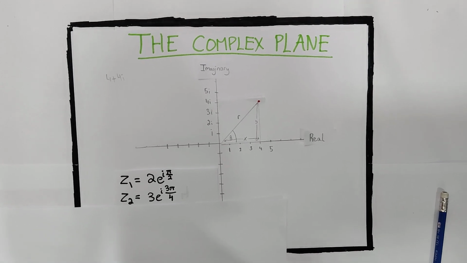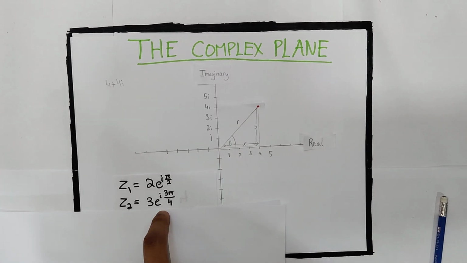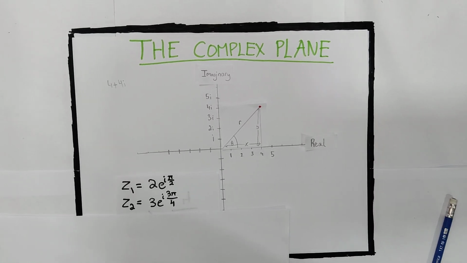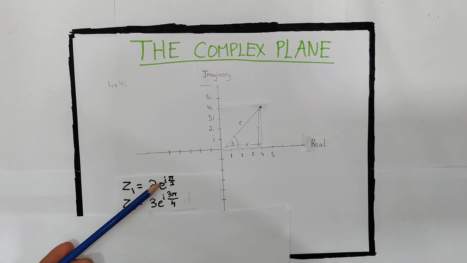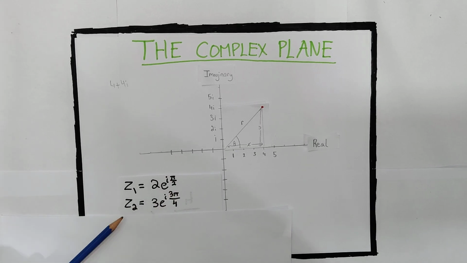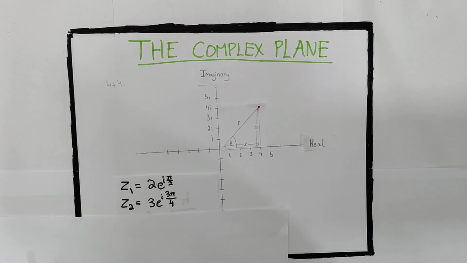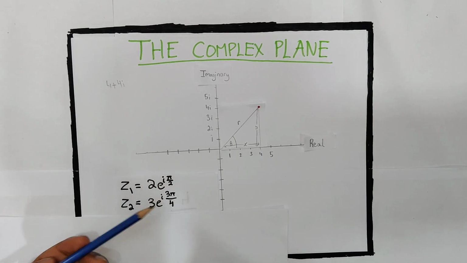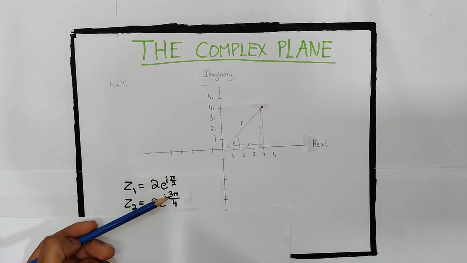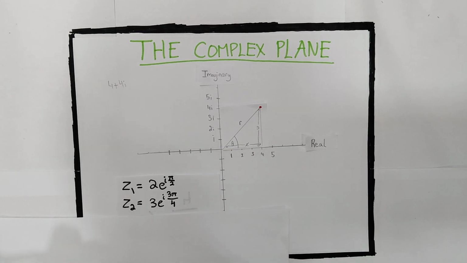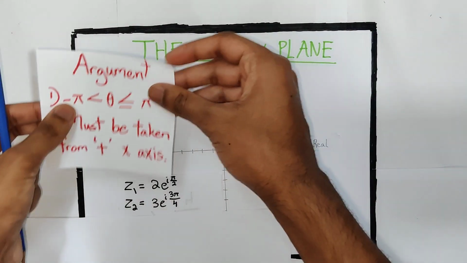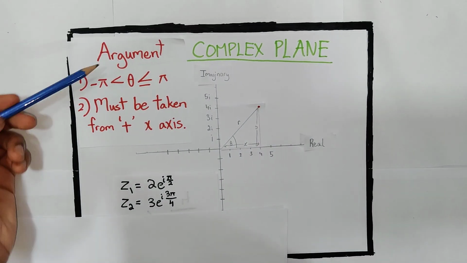Let's use that and try and figure out what would happen when we multiply these two complex numbers. So we have z1 as 2e to the i pi over 2, and z2 as 3e to the i 3 pi over 4. One small problem exists though. When we add these two angles, we get an argument that is outside of the range that we originally said we could have.